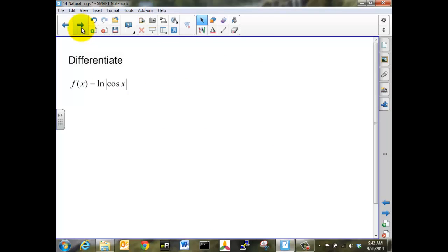How do we do this? What's the problem with this problem? Absolute value bars kind of can mess with us there. Okay, let's kind of forget about the absolute value bars for a minute and just treat it like it is there. So find the derivative of that just like it is.